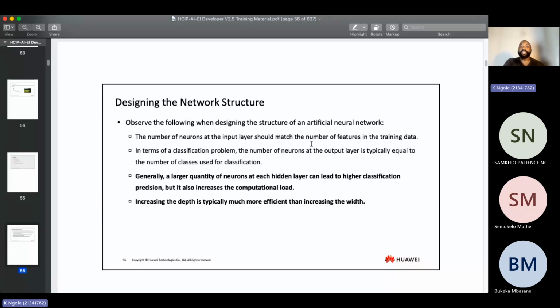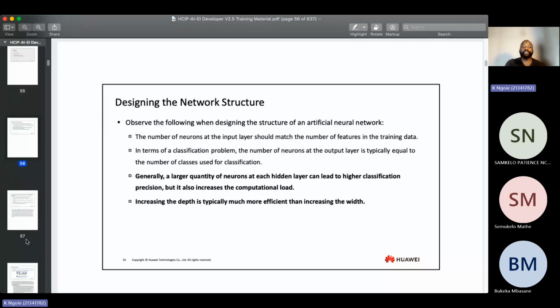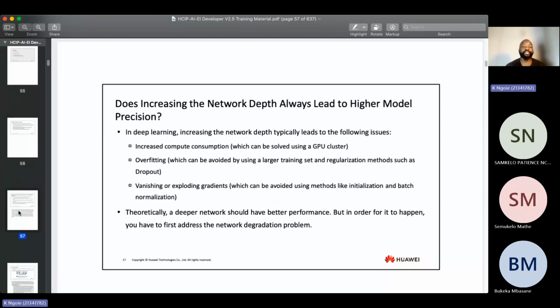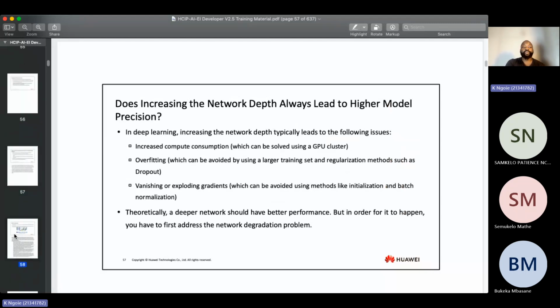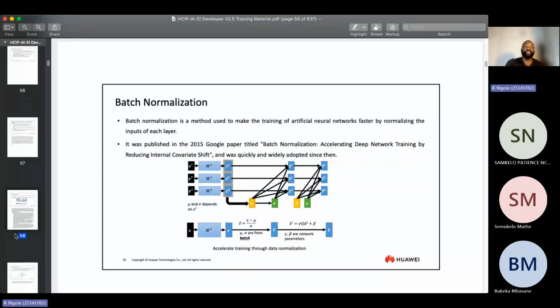And then in a classification problem, the number of neurons in the output layer will be the same as the number of outputs that we are expecting. Generally, the more layers we have, the more accurate the system is, but we can also create an overfitting problem. To avoid that, we need to do proper research on how many layers we will need.